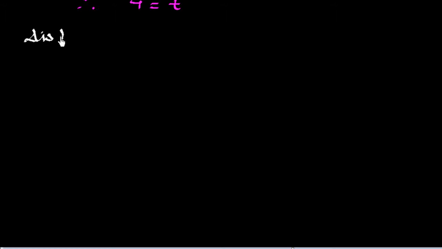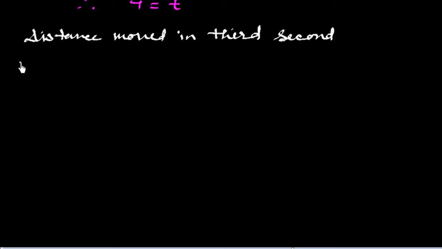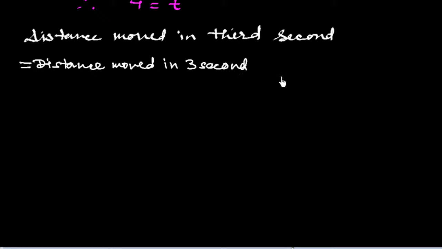Distance moved in third second is equal to distance moved in 3 seconds minus distance moved in 2 seconds.